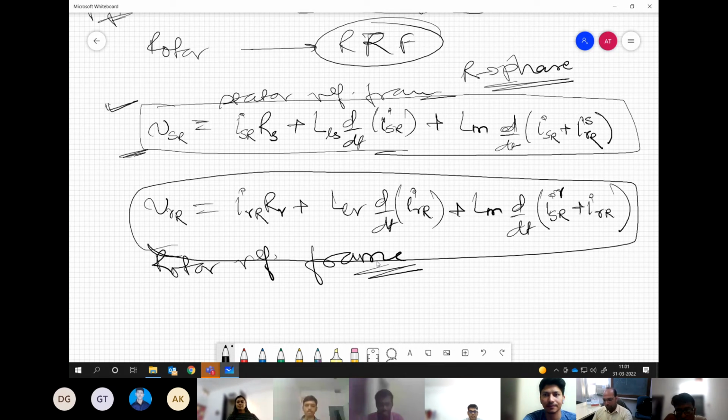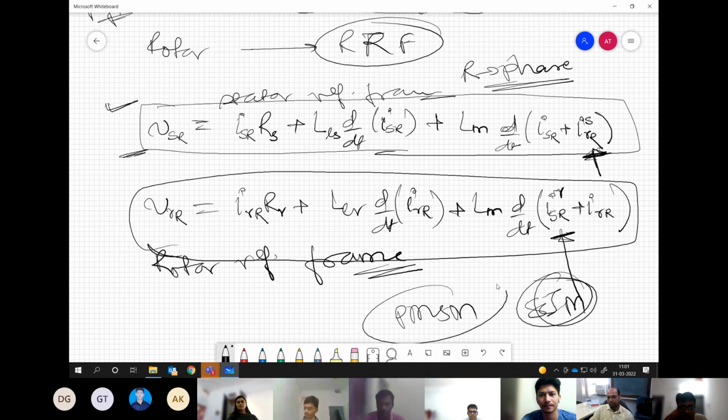Now, how to define or how to get this? Because these are not the simple measurements, right? This is referred to stator or referred to rotor. How to get these numbers, that is what we will see in the next class. And then we will proceed towards the modeling of PMSM and the squirrel cage induction motor from the same understanding.